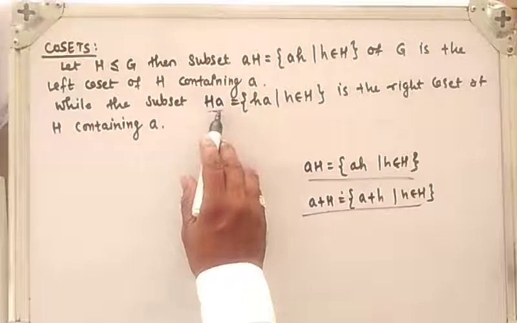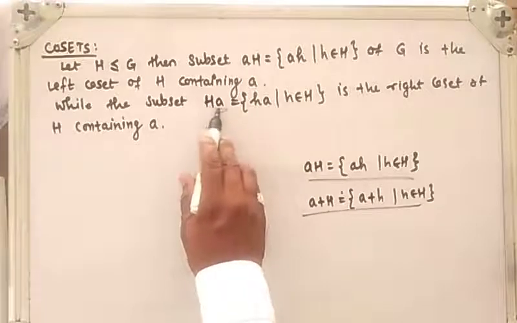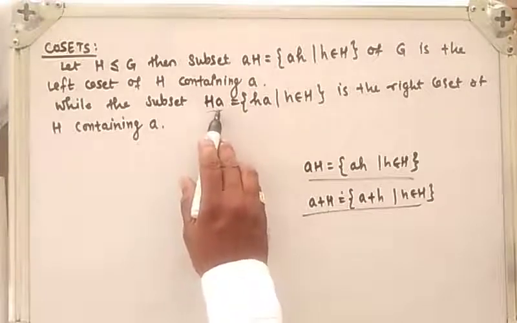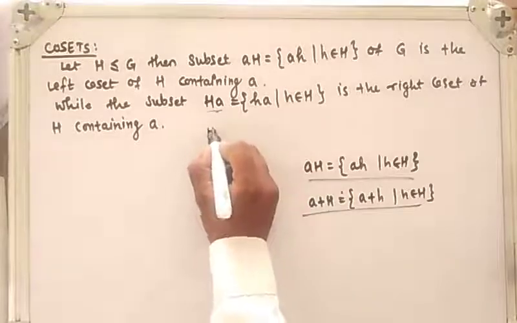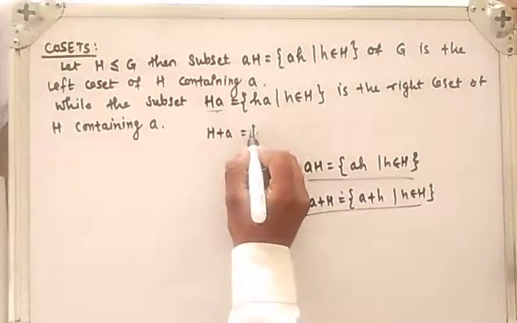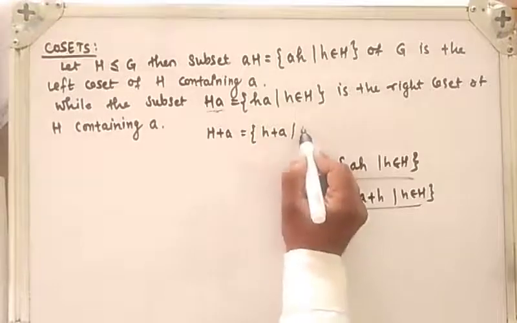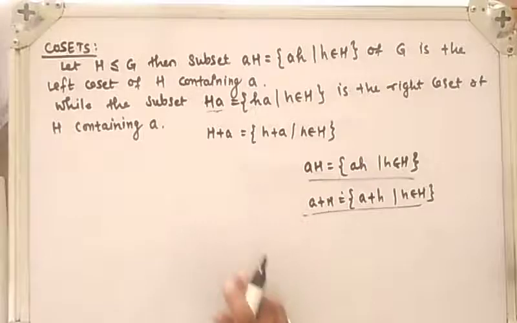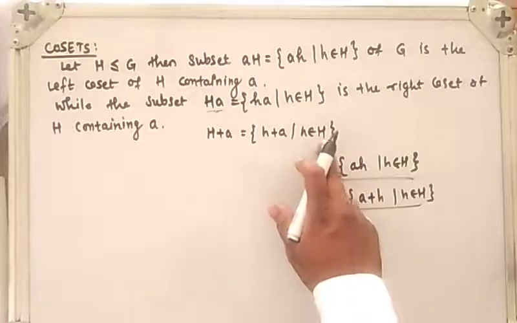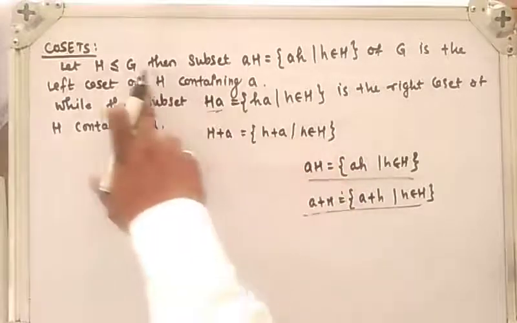Similarly Ha, which is the right coset of H containing a. So if the operation is multiplicative, then this can be written as h into a, and if the operation is additive, then it can be written as h plus a, the element h plus a, such that h belongs to the subgroup H, where H is a subgroup of G, right?